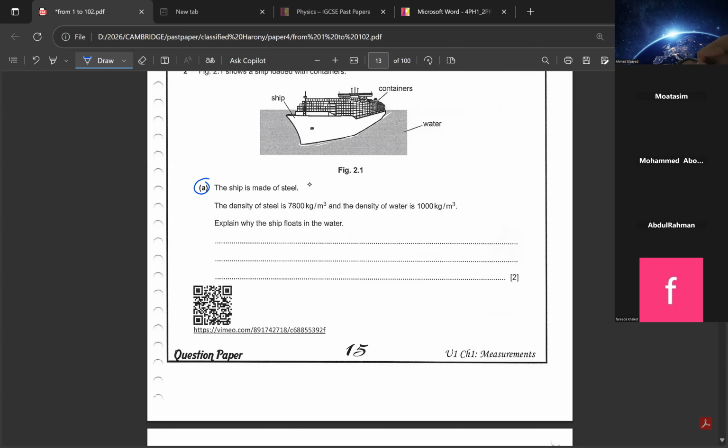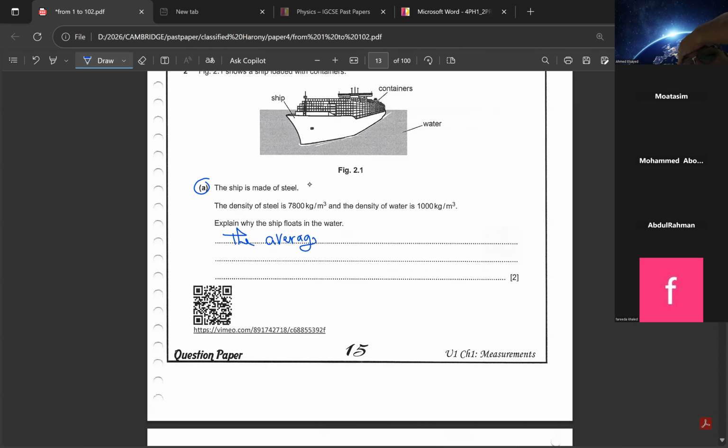The ship is made of steel. The density of steel is 7,800 kilogram per meter cubed, and the density of water is 1,000 kilogram per meter cubed. Explain why the ship floats in water. Because the ship has some hollow spaces, and it's not all made out of steel. There's some wood.